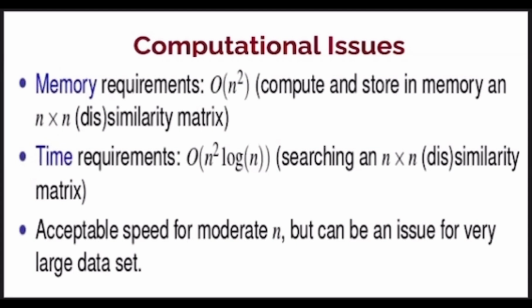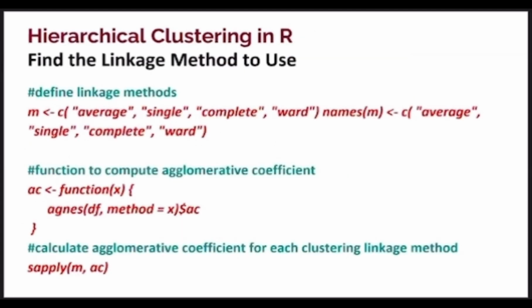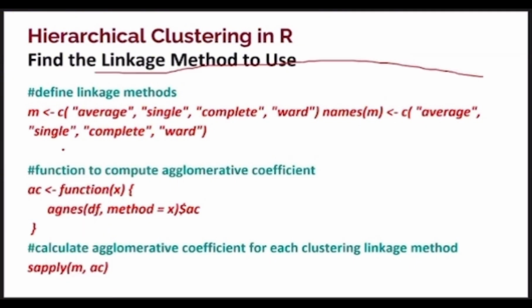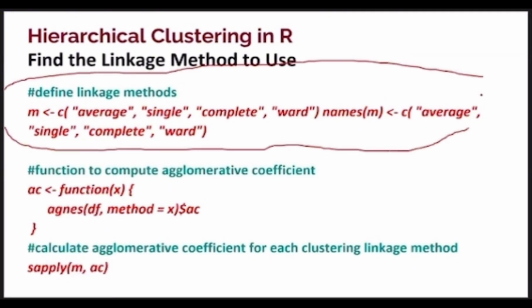Okay, let's get started. Take a look at that. If I want to start with hierarchical clustering, I need to specify the linkage. You can see average, single, complete, and Ward, because I want to know which linkage I am going to use to build my hierarchical tree.